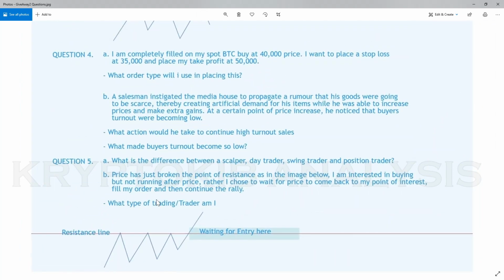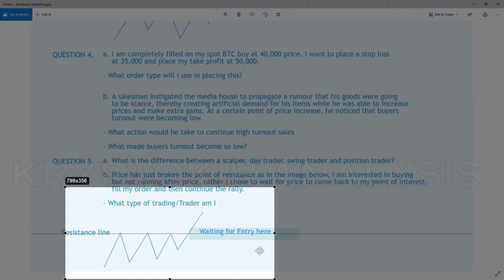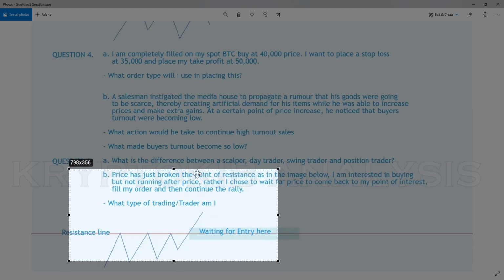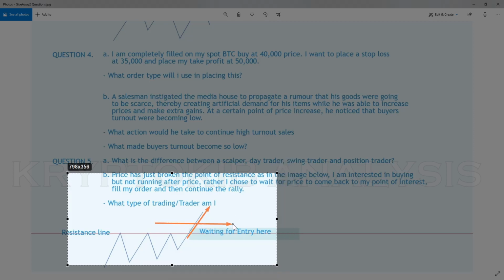the moment price broke, if you look at this point, the moment price broke, let me actually do this, okay? The moment price broke here, if you have your order waiting at this point, that means you are a breakout trader, right? You are trading aggressively because price can do this. Price can come, trigger your order, and then come back to close inside of the resistance, retest the resistance once again, and then drop down.